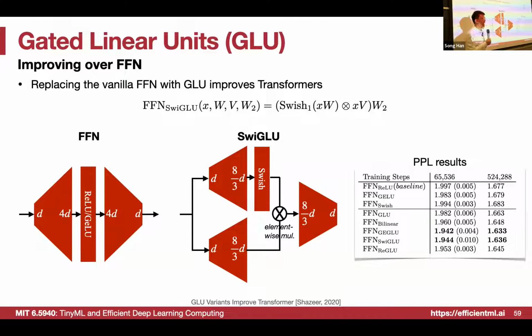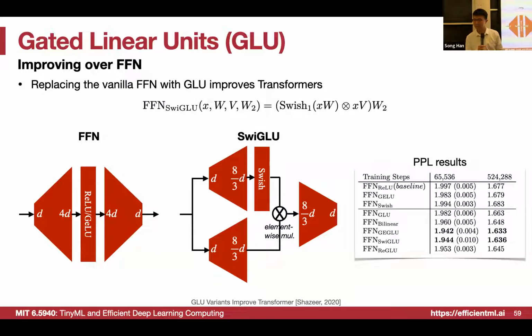Here we are using element-wise multiplication as a gate. First, D to 8D divided by 3, also inverted, but the size is smaller than 4D, since we want to maintain the total computing the same. Then we pass it through a Swish activation function, which we're going to see in the next slide, then have element-wise multiplication, and finally project it back to D.